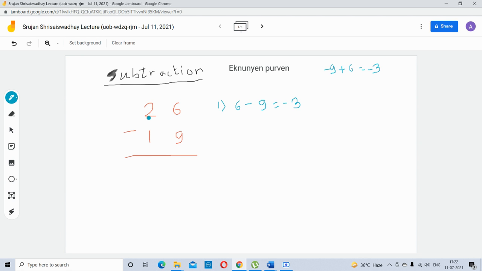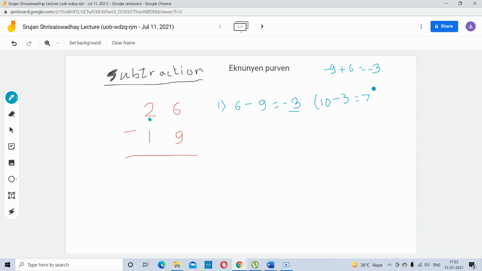Since it is minus, I'll put a dot below the minuend, the upper number. Here it is minus 3, which means 3 less than 10. If I take 10 minus 3, what will be the complement number?